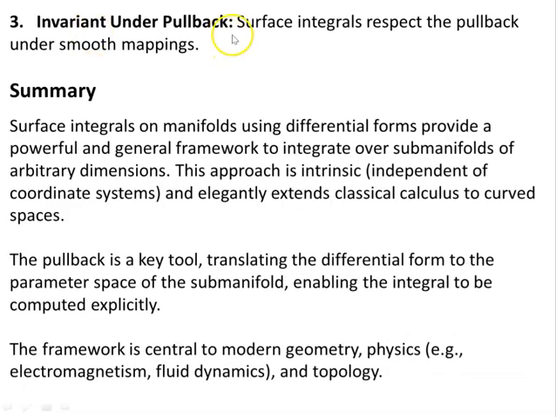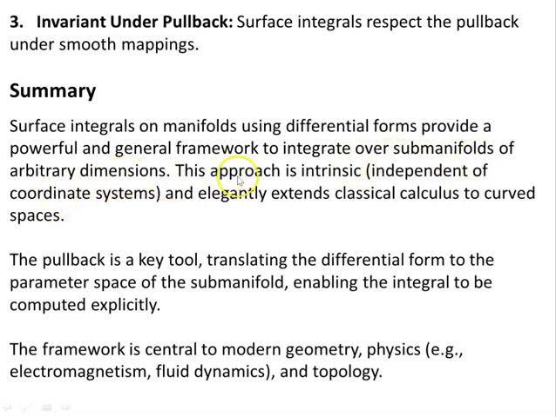All right, invariant under pullback, surface integrals respect the pullback under smooth mappings. So a surface integral on one surface, under the pullback map, is equal to the integral on the surface of the other. Beautiful.